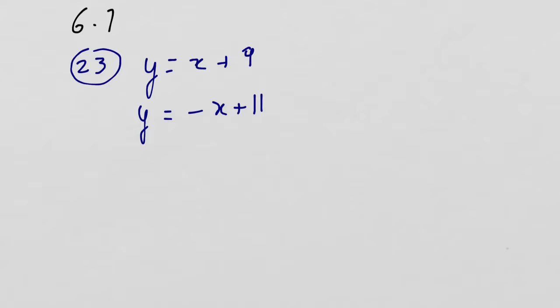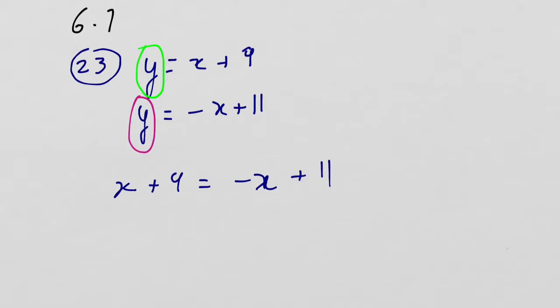And in that case, pretty simple. y is already isolated, so what I'm going to do is substitute the value of y by the expression for y right there. And so at the end of the day, I end up with x plus 9 equals minus x plus 11.